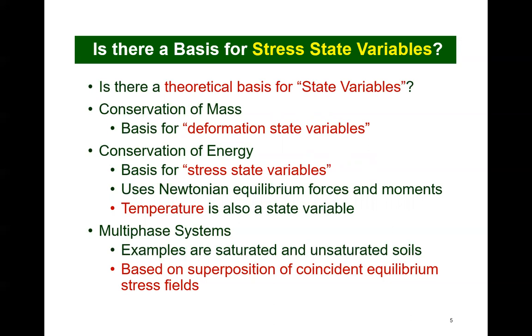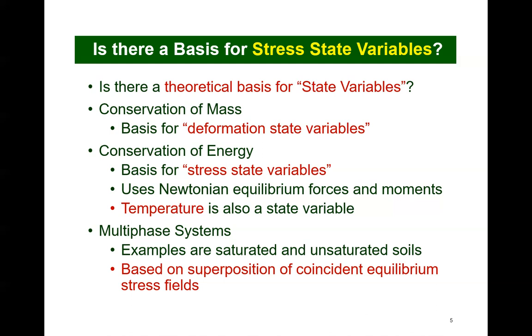The deformation state variables allow for the mapping of the movement of either single or multi-phase systems. Consideration of the conservation of energy through the application of Newtonian force equilibrium allows for the determination of likely stress state variables.